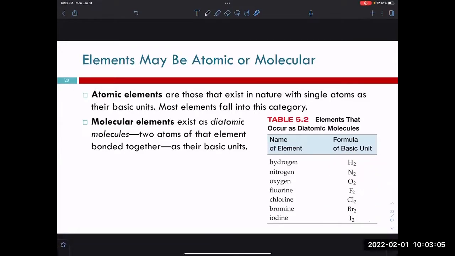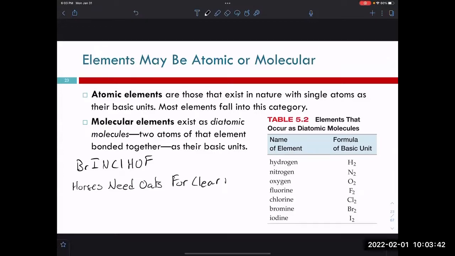The one that I remember is Brinkelhof. Oh, wait, I missed the H. Brinkel, HOF. But there's another one: horses need oats for clear brown eyes.